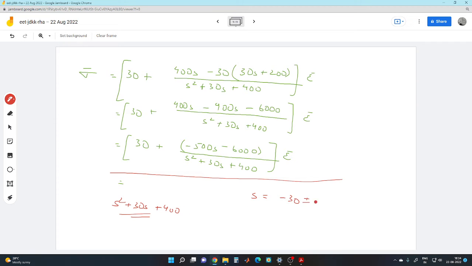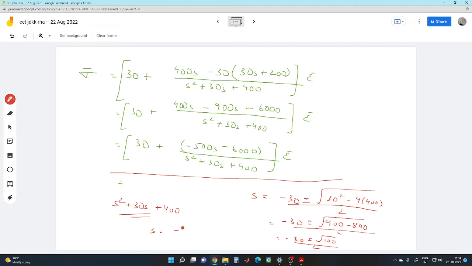So minus 30 plus minus square root of 30 square minus 4 into 400 upon 2. So it will become minus 30 plus minus square root of 900 minus 800 by 2, which becomes minus 30 plus minus square root of 100 by 2.